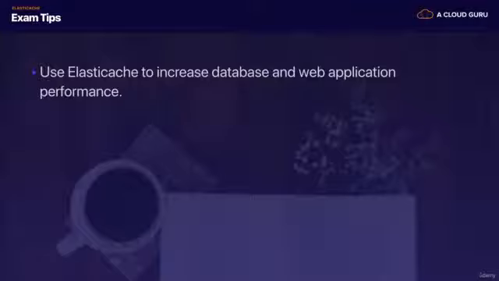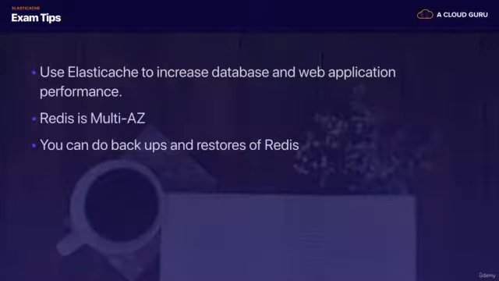One is to add a read replica and then point your reads to your read replicas. The other is to use Elasticache. At the Associate level, you're not really required to know the difference between Memcached and Redis, but you definitely need to know it going into the Certified Solutions Architect Professional exam. Just remember that Redis is multi-AZ, and you can do backups and restores of Redis.